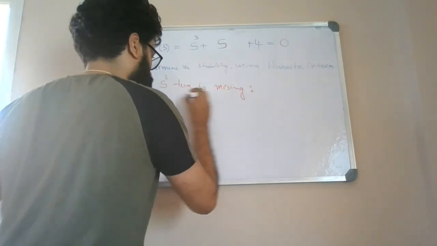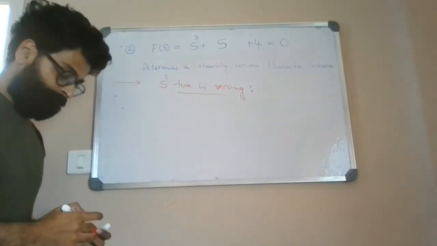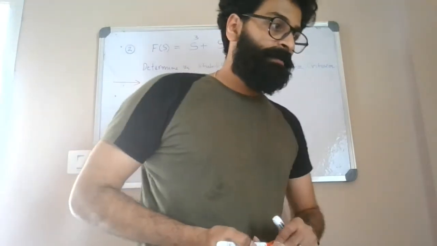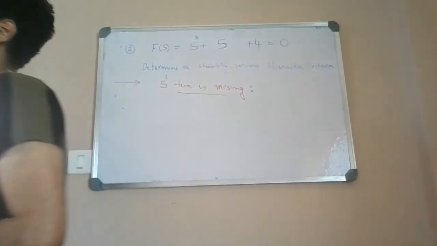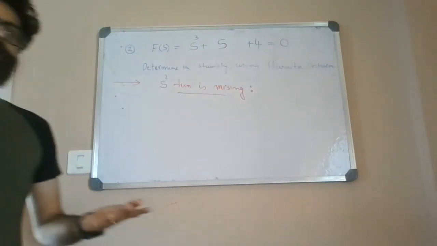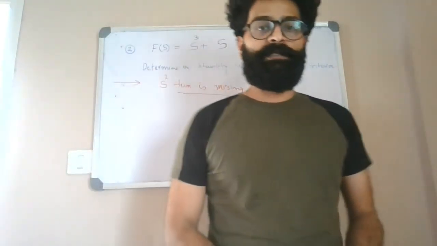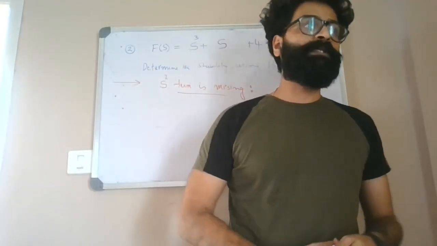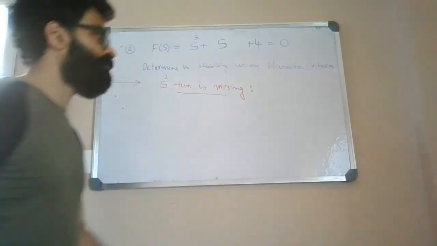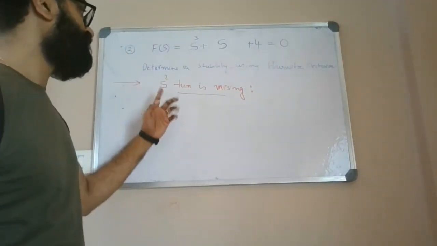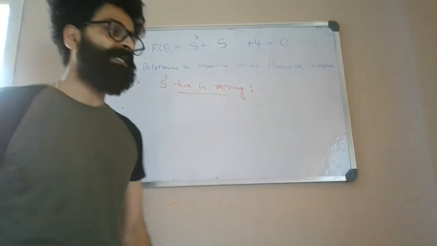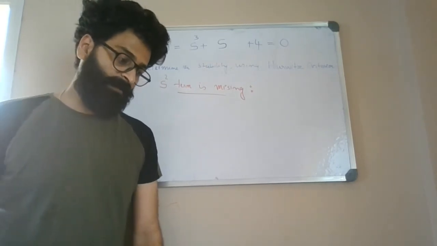As per the requirement, to apply Hurwitz criteria, there are some prerequisites that have to be met, right? One of the prerequisites is that there shouldn't be any missing s terms.